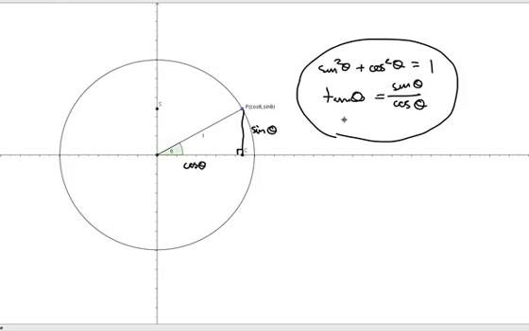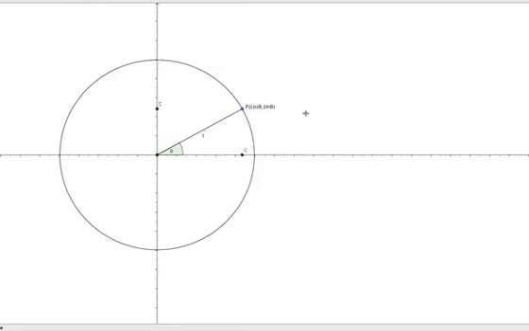The other thing that we got from this was the fact that as we move around the quadrants, this is quadrant 1, and this is quadrant 2, quadrant 3, and quadrant 4. And in quadrant 1, cos theta and sine theta are both positive, both greater than 0.